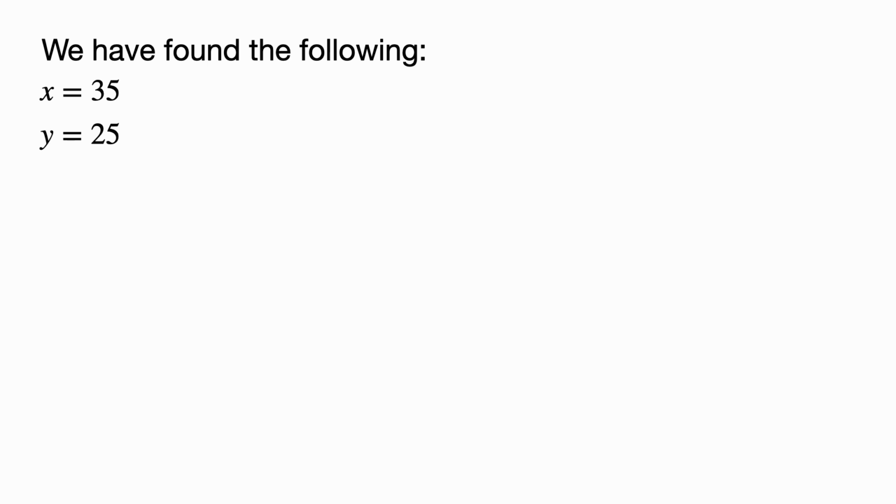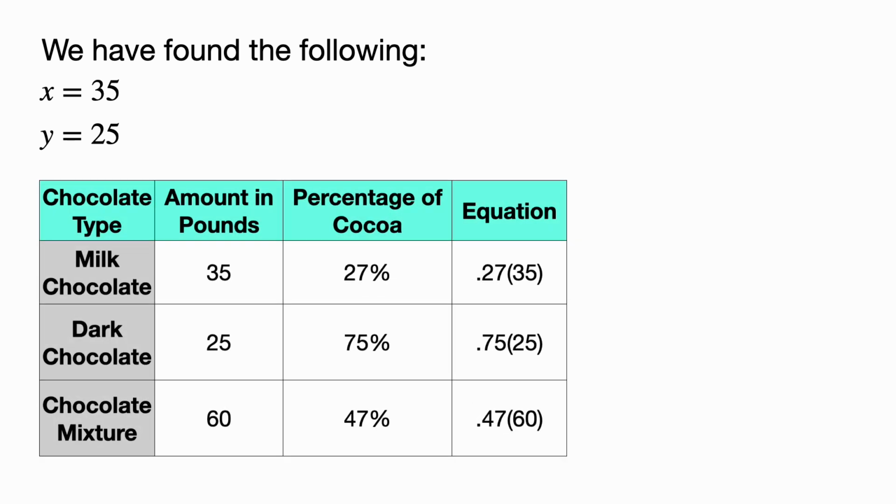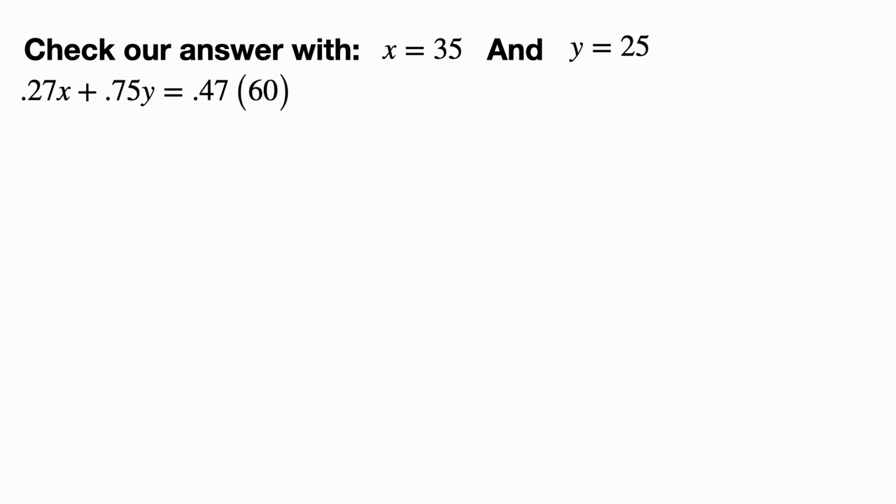And we can place the x and y values in the table, as we can compare the table with the variables of x and y with the values of 35 and 25 appropriately.